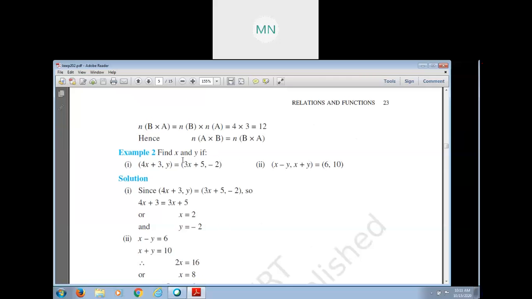Yes, ordered pair. Because both are equal in the given problem, and we already know that two ordered pairs are equal when their corresponding elements are the same. Okay, understand?